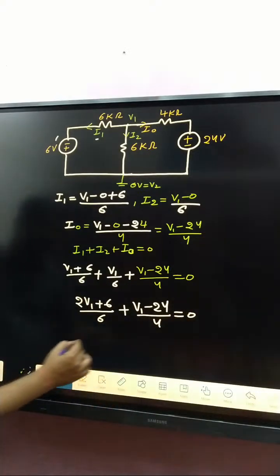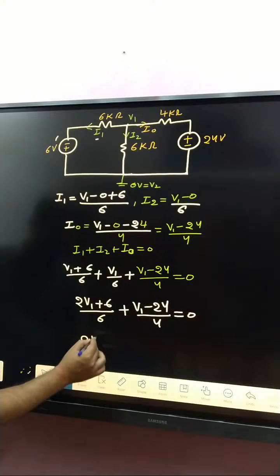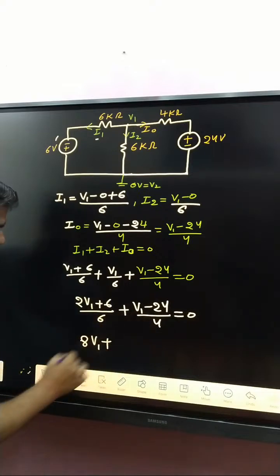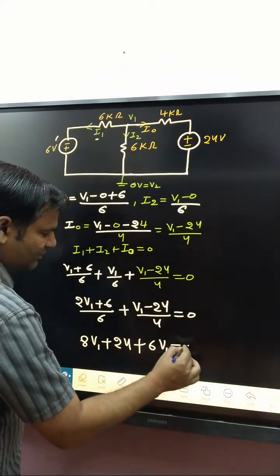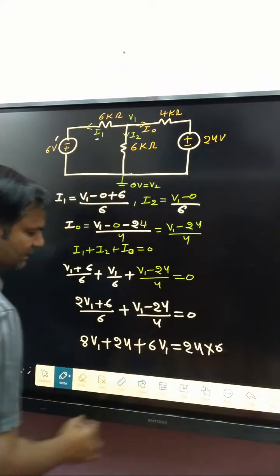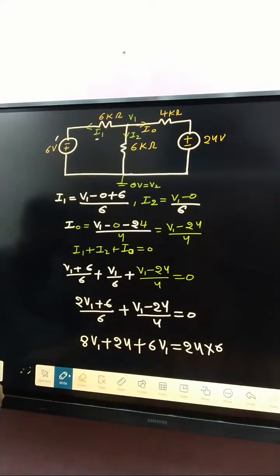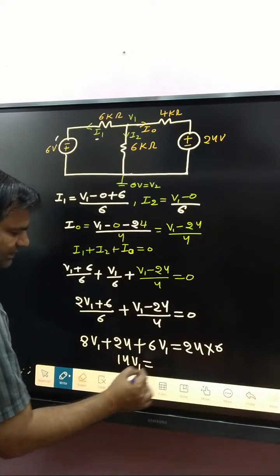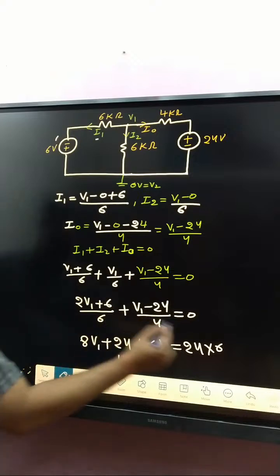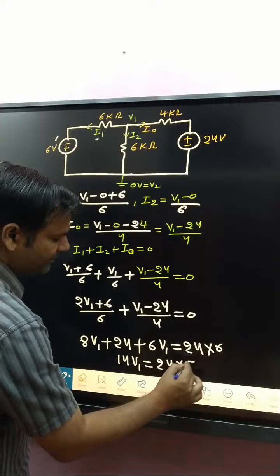After that, take the LCM. Multiply by 4 here: 4 into 2 is 8, so 8V1 plus 24 plus 6V1 is equal to 24 into 6. Clear? Now 8 plus 6 is 14. 14V1 is equal to 24 into 6 minus 24, that is 24 into 5.